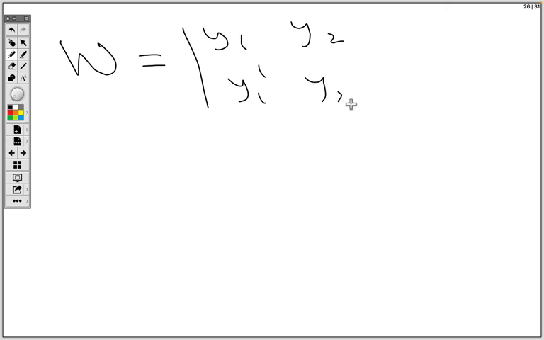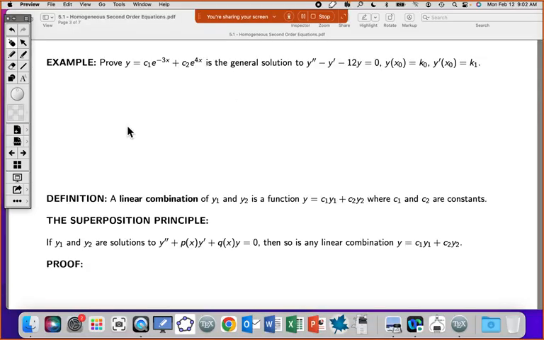This motivates the definition of what's called the Wronskian. And this is the character we'll be talking about here for the next couple of days. This is going to help us determine when we get different enough answers to a differential equation that they can be used to write the general solution, right? So that's what we're after. We're trying to figure out when we can get the general solution.